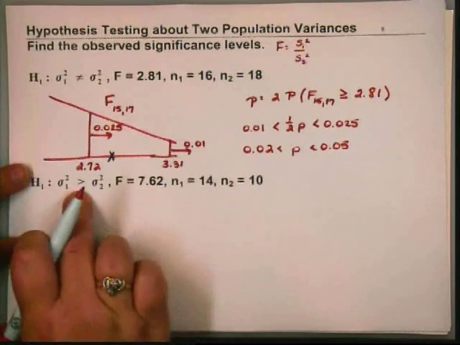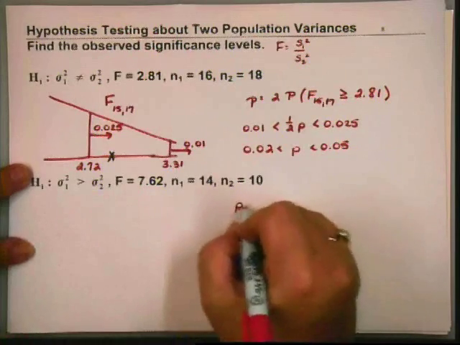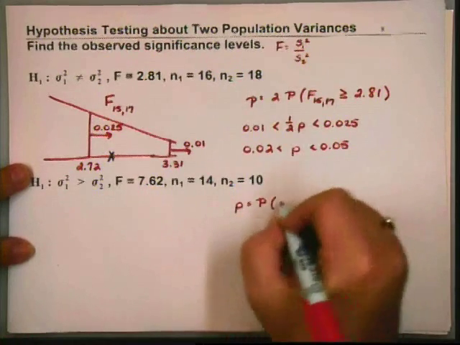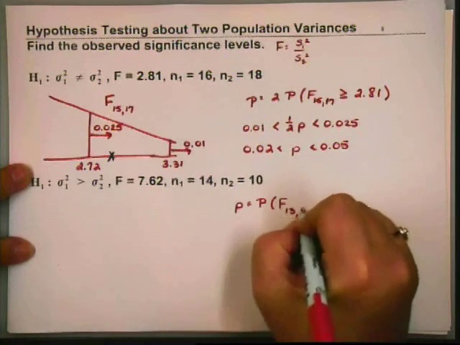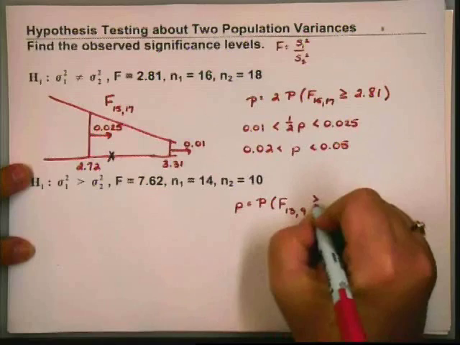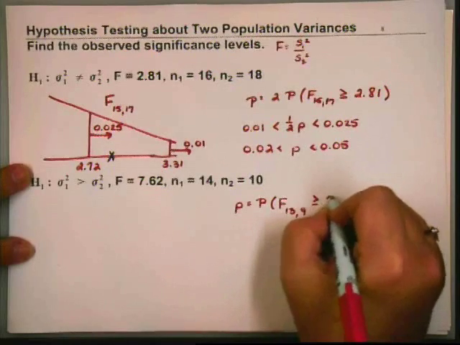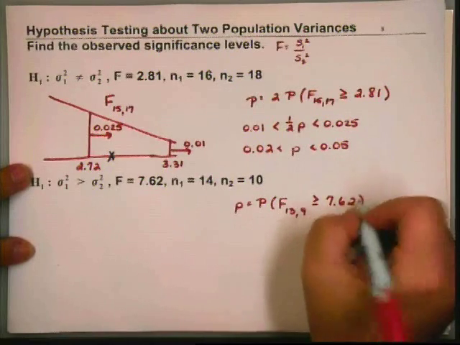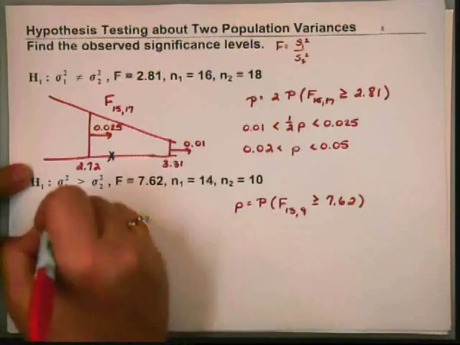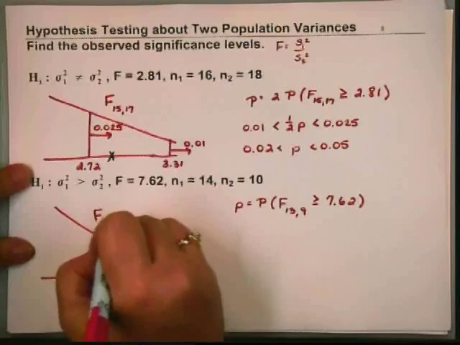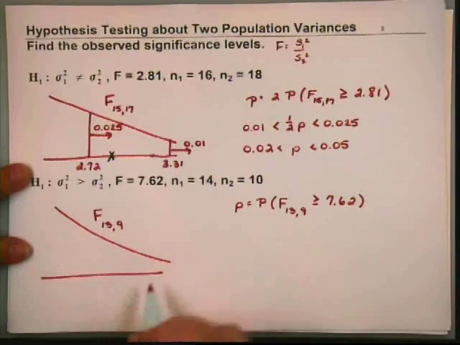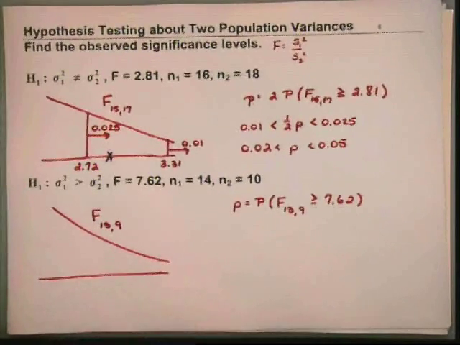We're going to do a right-hand test only, so our p-value is not multiplied by 2, but is the probability of an F value with 13 numerator degrees of freedom and 9 denominator degrees of freedom being greater than or equal to 7.62. All right, so go page to page, column 13, row 9.